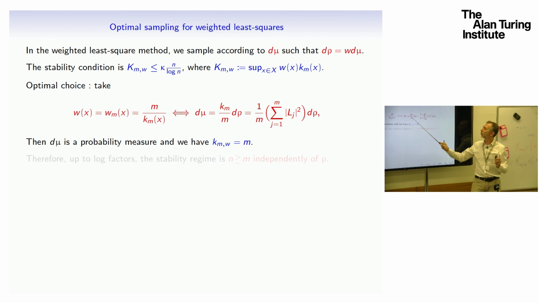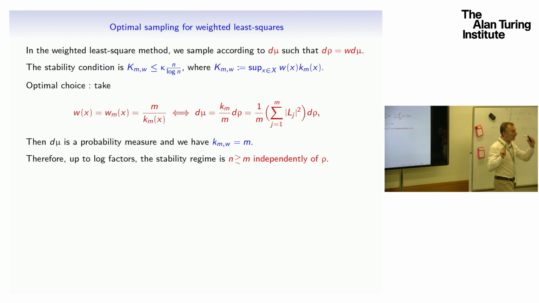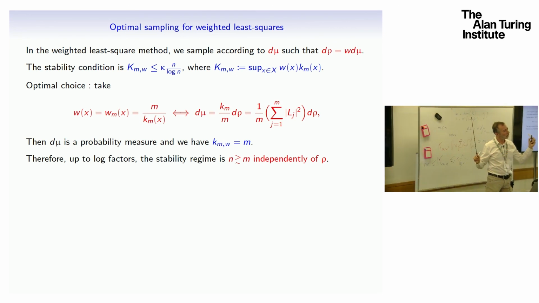So this is what we propose. And what happens if you do that is that these two quantities simply cancel out. They give you m. Okay? So this looks quite trivial now. You have obtained a particular sampling measure and a particular weight such that the stability regime will always be optimal independently of the initial measure that you were taking.